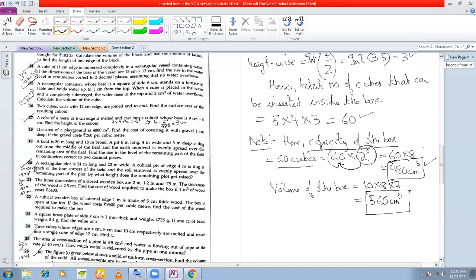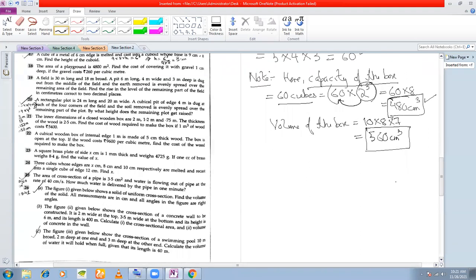You can also imagine a situation where you are sitting inside a theater. If I say capacity of the theater, what do you mean by capacity of the theater? Say it can accommodate 100 people, right?